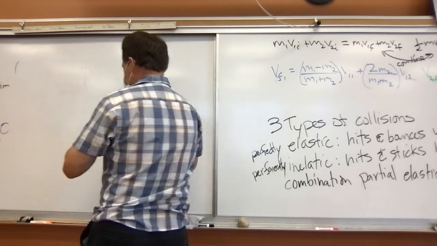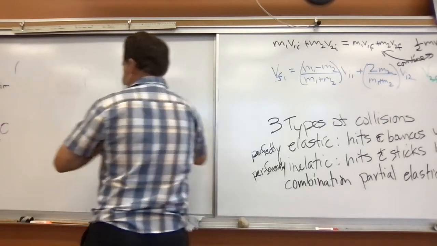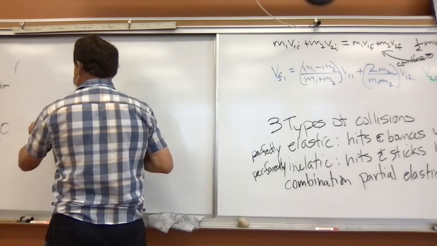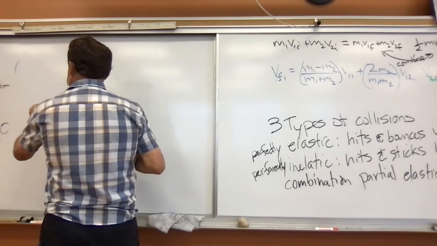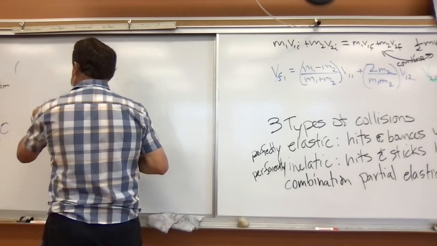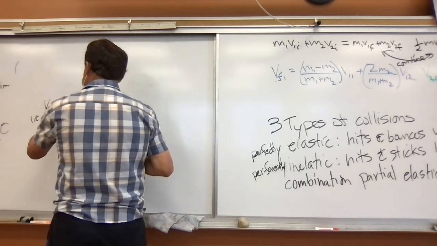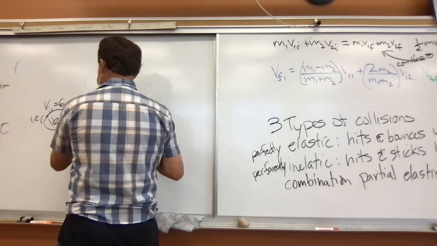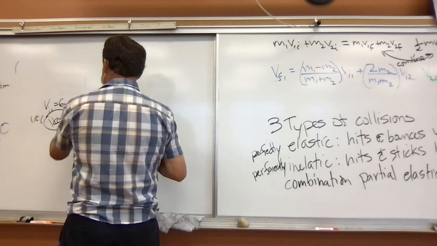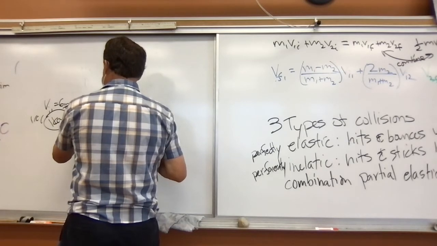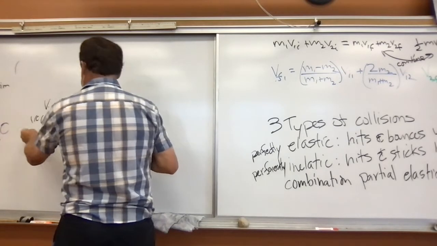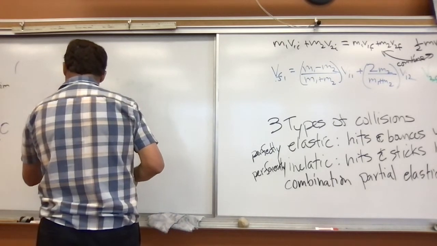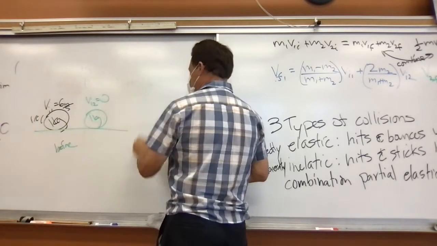Again, we're going to have, let's say, a 1 kilogram ball that's got an initial velocity of 6 meters per second, and that is going to hit a 1 kilogram ball with an initial velocity of 0. So this is our before, and now our after.